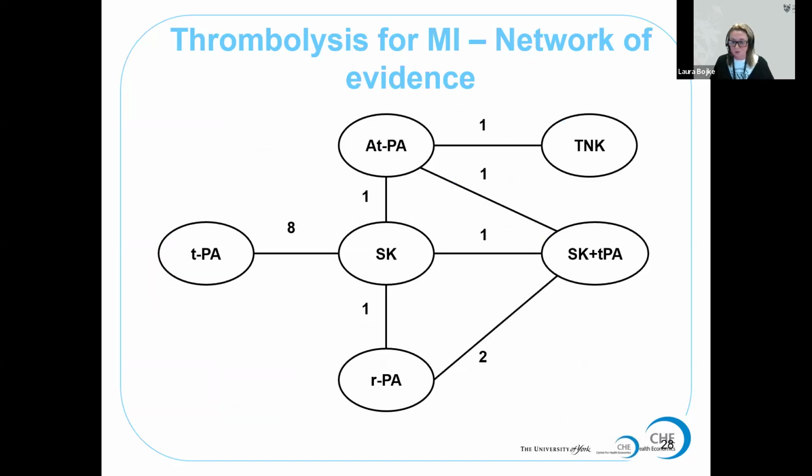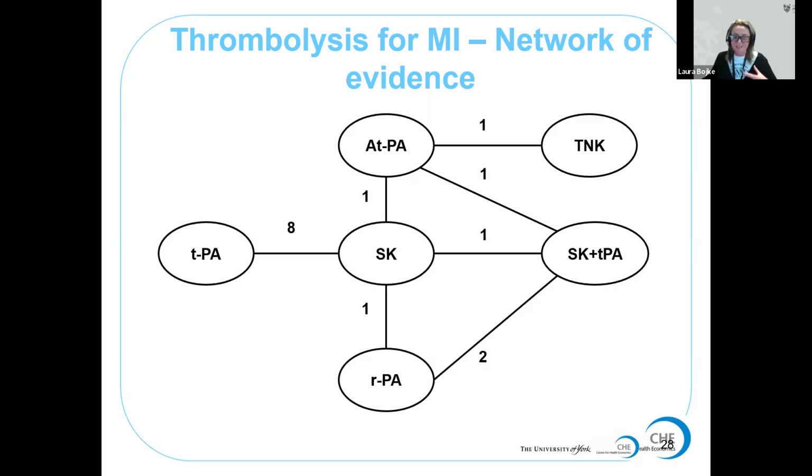evidence. And this is what the network of evidence looks like. It's the starting point for a network meta-analysis, where we draw out the representation for our evidence base. We can see the different comparators and the number of studies that we've got in each of those spaces. It also identifies where we haven't got those comparisons, but potentially have a bridging comparator, where it enables us to determine what might be the relative treatment effect had we observed that within a study.